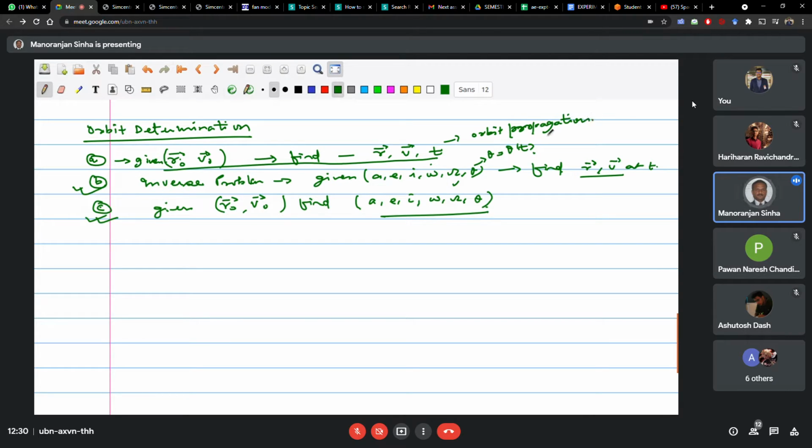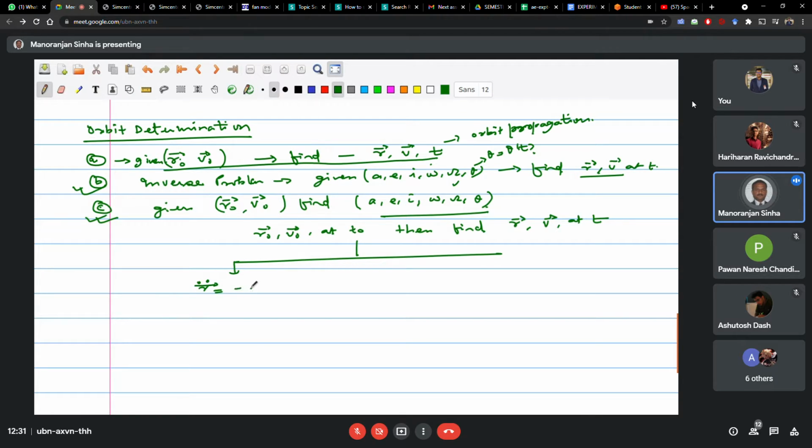Of course, you can integrate numerically and work it out. So R0, V0 at T0 is given, then find R, V at T. And there are two ways of doing this.